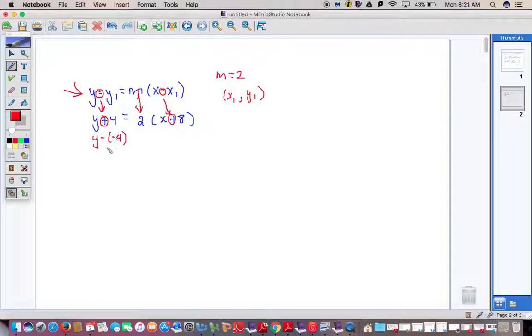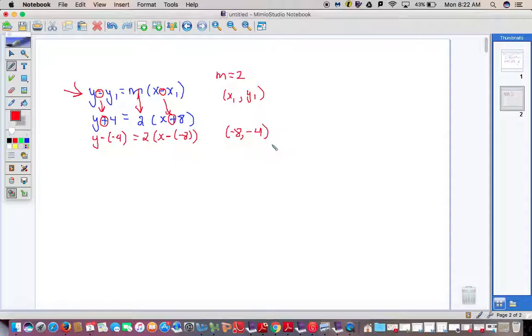Because minus a negative becomes an addition. And then we've got 2 times x minus a negative 8. Again, two negatives here are going to make it a positive. So our ordered pair is not 8, 4, but our ordered pair would be negative 8, negative 4. It's really important that when you see these positives in here, you realize that the point you're looking for is going to be a negative.